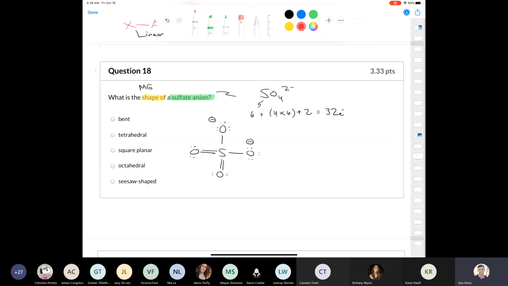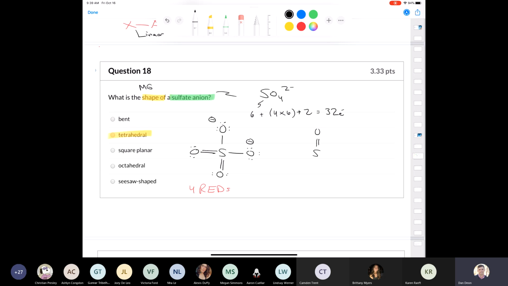Now let's analyze it in terms of regions of electron density. And you can see that we have 4 regions of electron density. So how are they going to distance themselves as much as possible? They are going to adopt a tetrahedral molecular geometry because the sulfur has no lone pairs. It only has bonds to atoms. We could even draw out that molecular geometry.